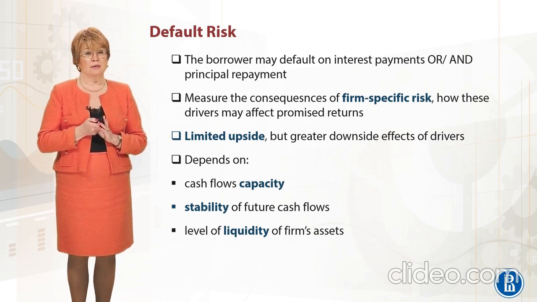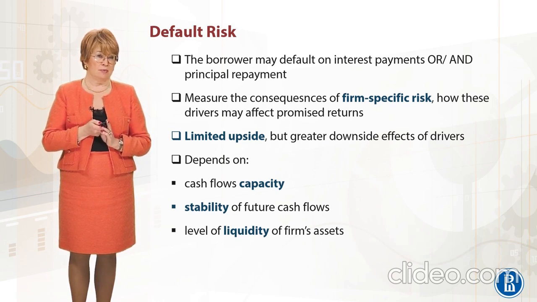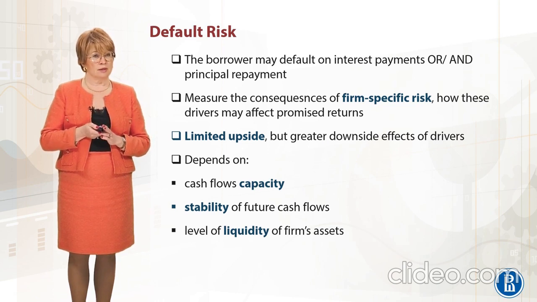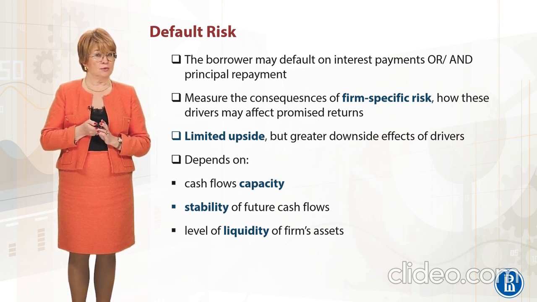And then there is still an uncertain situation with the principal repayment. The capacity of the borrower to escape default risk depends on the cash flow generation capacity, on the stability of future cash flows, and, of course, it is very important to understand the liquidity of the firm's assets.